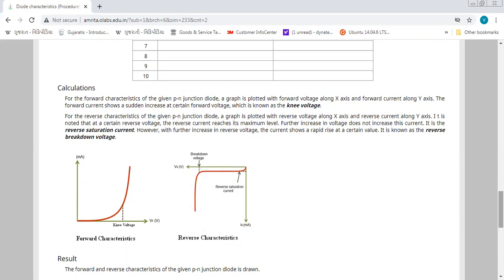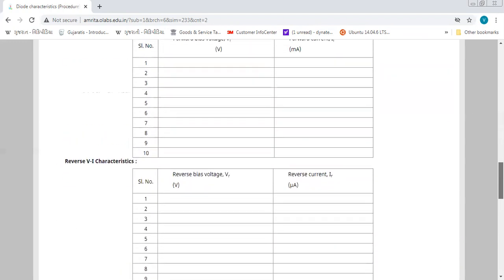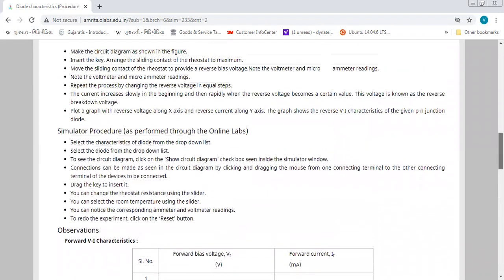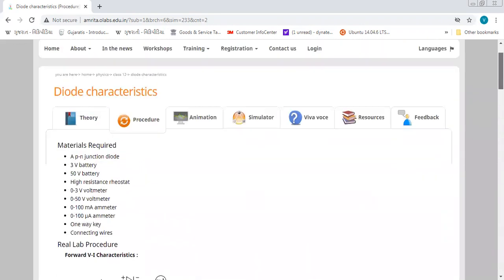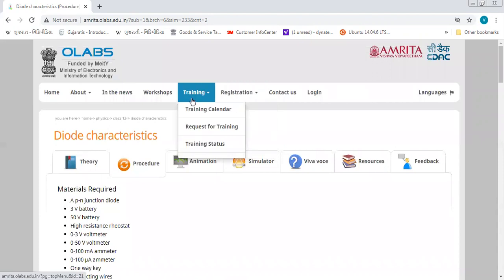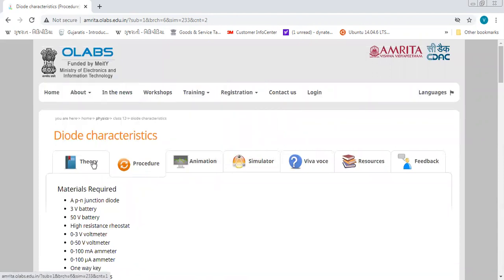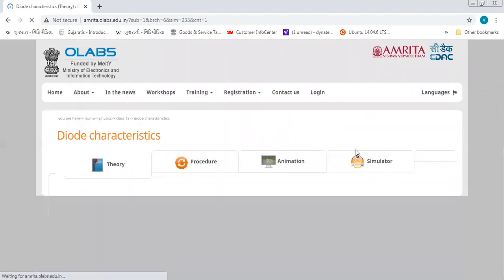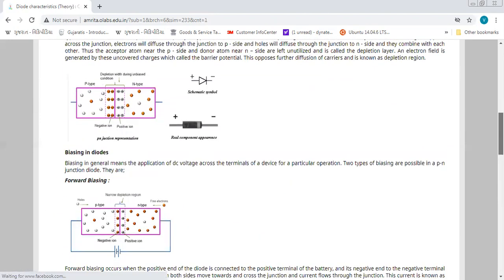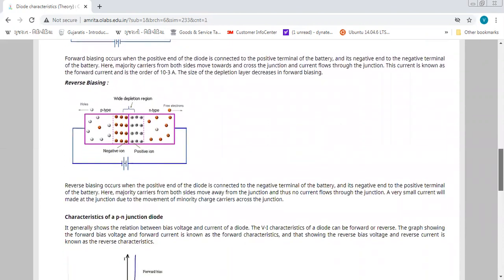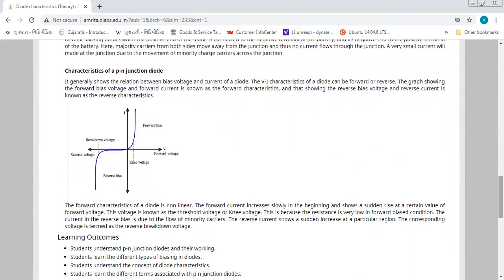Also, if you don't need to make two graphs, just make it in one. I'll just show you. Just like this.